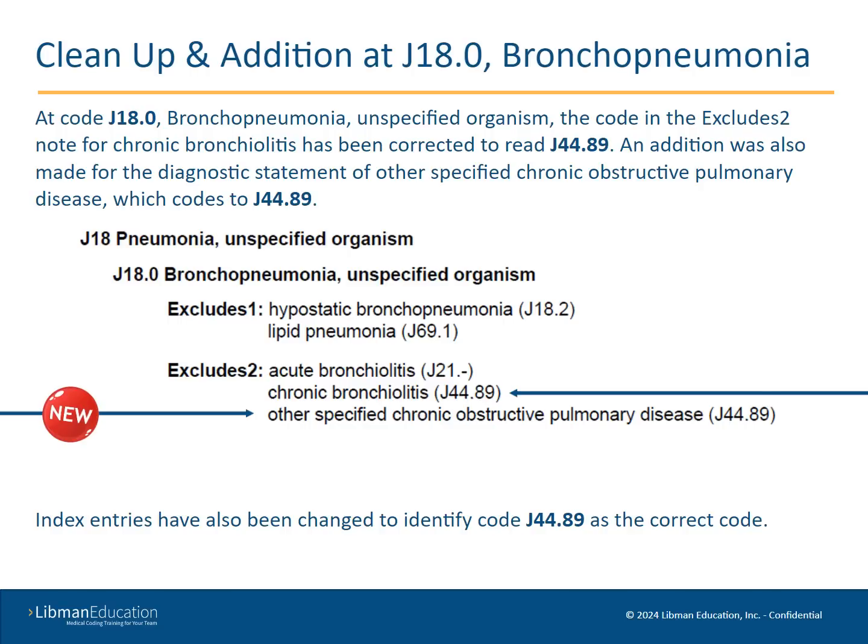The chronic bronchiolitis previously was instructed to go to J44.9, which is COPD unspecified. So here we have a more specific code for that diagnosis. The index entries have also been changed to identify code J44.89 as the correct code.